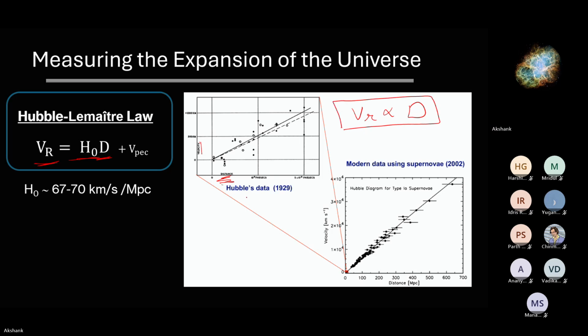And so this was measured for the first time by Hubble in 1929. He used Cepheids, Cepheid variable stars.